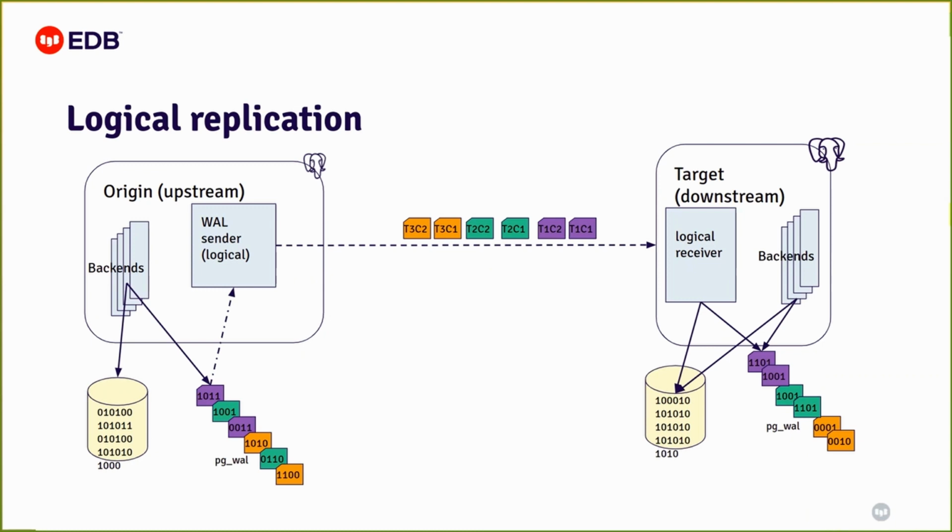Not only that, on the downstream, there can be regular backends which are making further changes to the database. So these two can act as multi-master. Both of these together can act as a multi-master replication solution. But let's drill down more into what the WAL sender is doing.